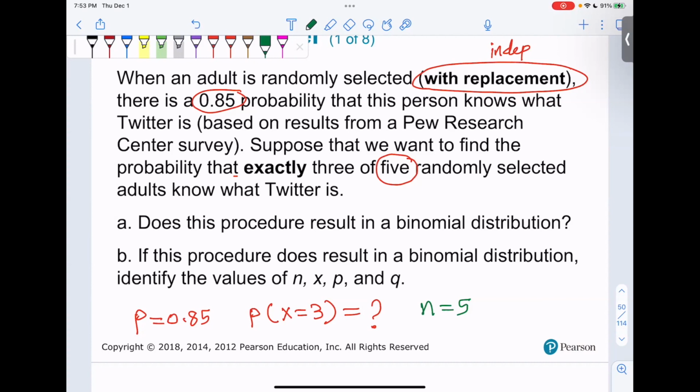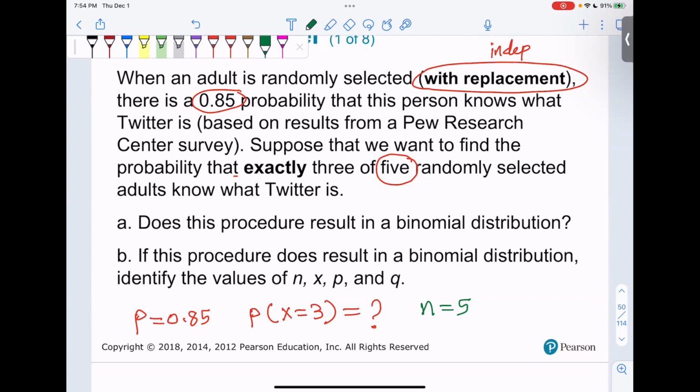Here they say when we choose an adult randomly with replacement, there's a 0.85 chance that he will know what Twitter is. We select the first one, ask him, he says yes or no, and then put him back and take another one.